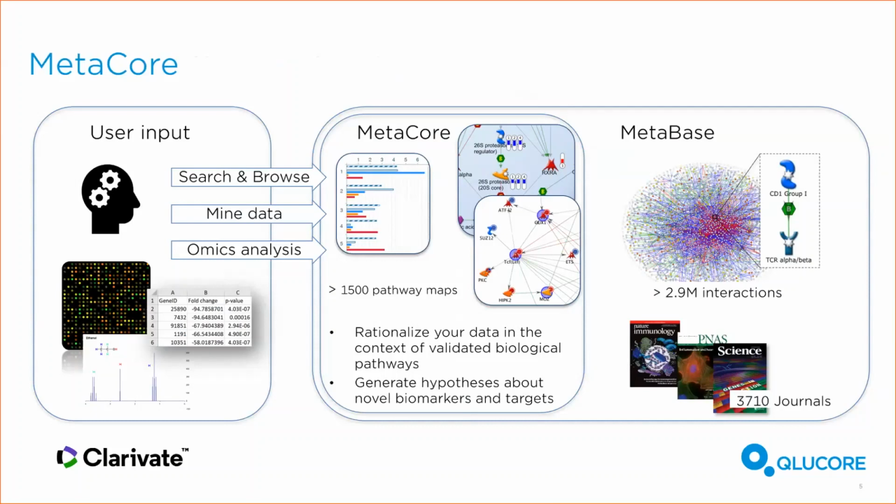So the query can be as simple as a keyword search, a browse to look for the content, or it could be what we're going to be doing today, which is using omics analysis, so uploading data from an omics experiment to query the content. And MetaCore is that query tool that sits on top of Metabase with all of the algorithms that are needed.